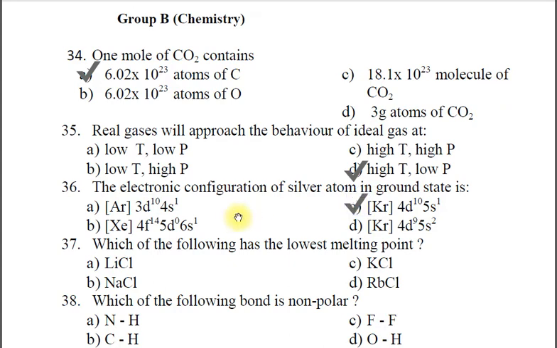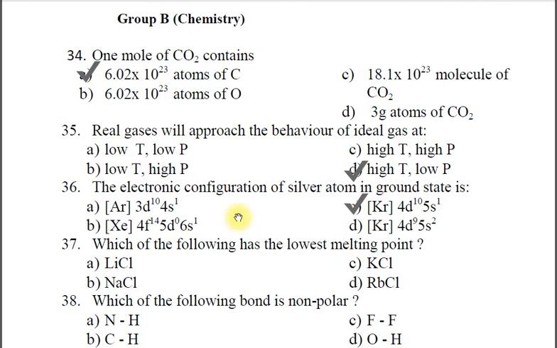Now listen carefully to the solution. The silver element is in the 5th row of the periodic table, and it is in the 11th column of the d block, that means in the transition metal block. So the electronic configuration of silver must end as 4d9. But what happens when we write the electronic configuration?